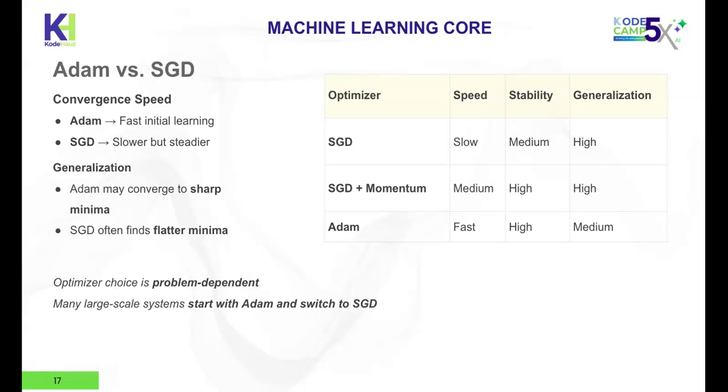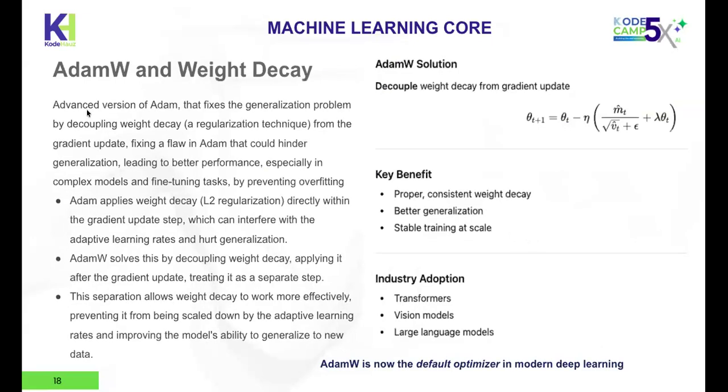The optimizer you choose depends on the type of neural network you are training, but it also depends on the kind of data set that you are training on. Okay. So many large-scale systems that you can see start with Adam and then switch to SGD at a lower learning rate. We'll talk about that.